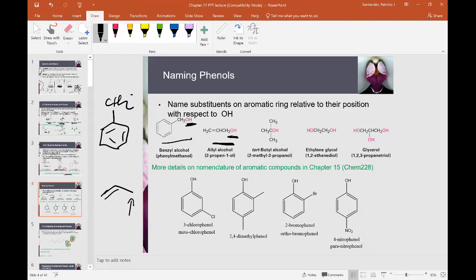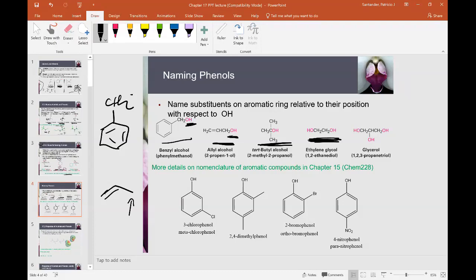Another with a trivial name is tert-butanol, or we can also refer to that as tert-butyl alcohol. We have some special diols like ethylene glycol, that is the liquid that you add in the radiator of your car, right? Ethylene glycol.